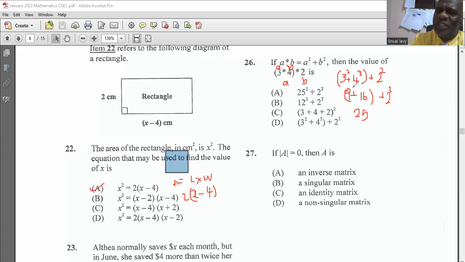So now what's inside the bracket here becomes A. So our answer then will be A squared, since we are now doing all of this, right? 25 squared plus 2 squared. The answer is A.